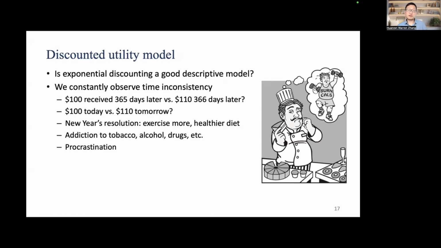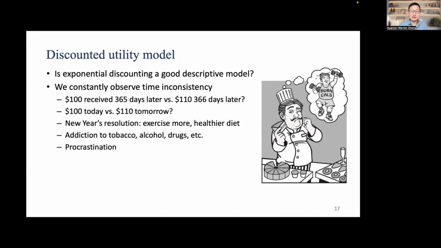But it's very difficult for them to get rid of this bad habit. That's again time inconsistency, right? And procrastination. Almost everyone has at one point at least experienced this procrastination problem, right? So you would prefer to finish certain tasks sooner rather than later, but when the time comes, you think, oh, I could enjoy this 1 hour of TV, then I will be more focused to do this task.